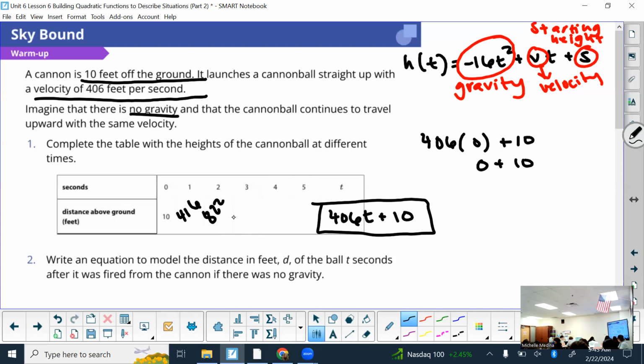Feel free to use the calculator. So that's the one you guys have. I'll come back to you. Table 1, when t is 4, what's my output?